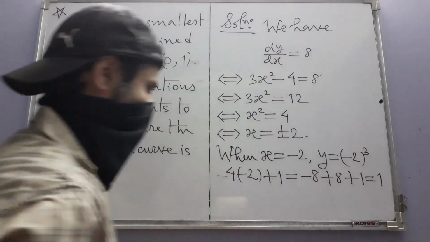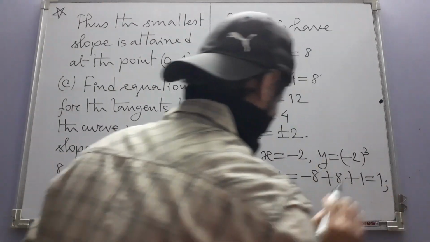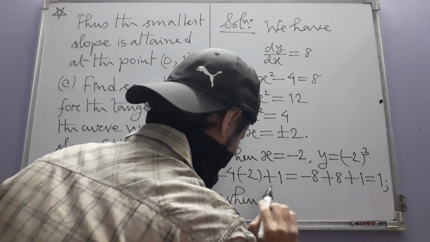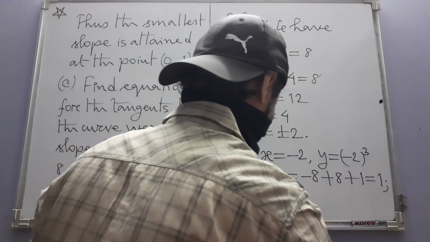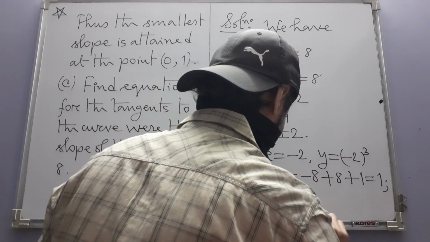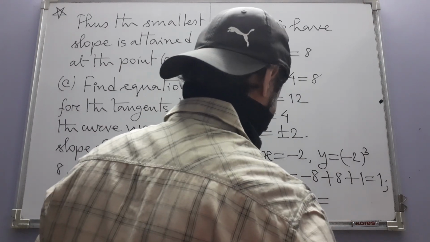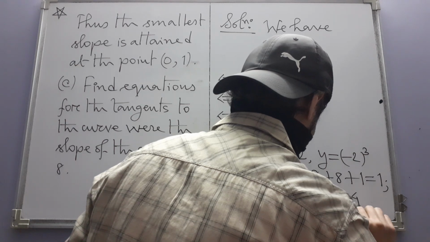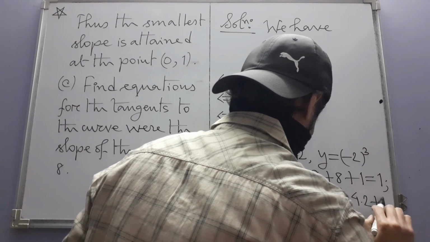So this is equal to 1. And when x is equal to 2, then also I think y is 1. Let's see. 2 cubed minus 4 times 2 plus 1. Yes.